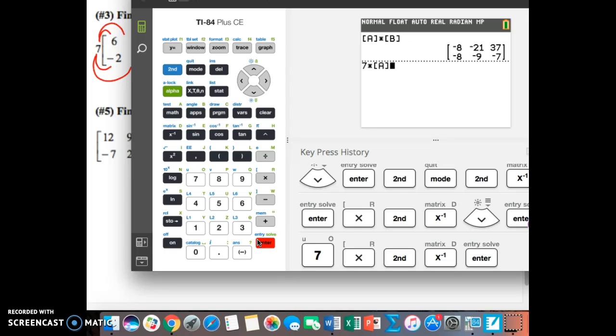So now we have 7 times the matrix A. Click enter. And there we go. We shoot out the 2 by 2 matrix, 42, 49, -14, 21, which is what we had on paper before.